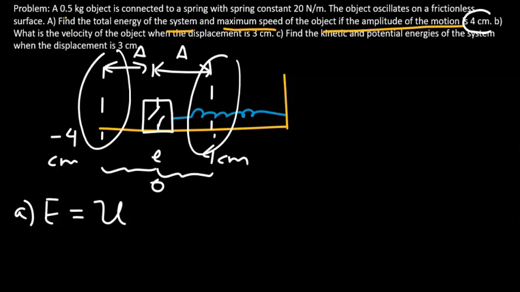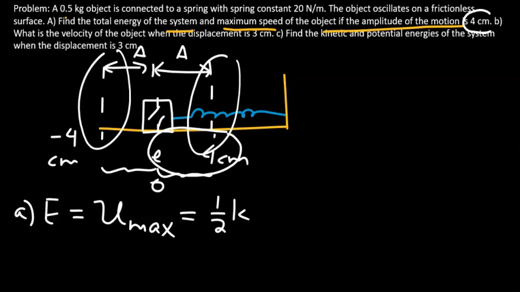There is no kinetic energy there because the object is not moving there, so there is no speed, no kinetic energy. As we have discussed a few minutes ago, the elastic potential energy at those points is maximum, and the expression is given by half times the spring constant k times the displacement squared.